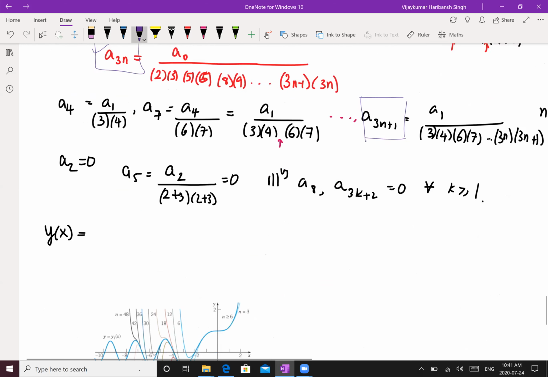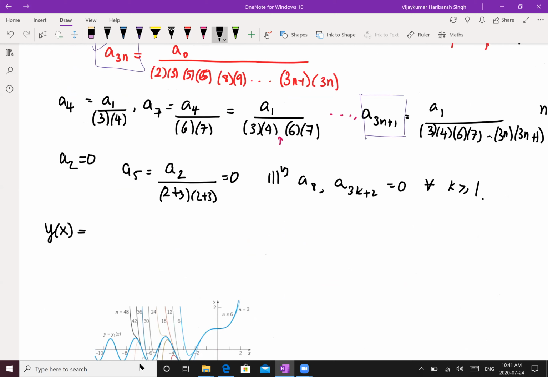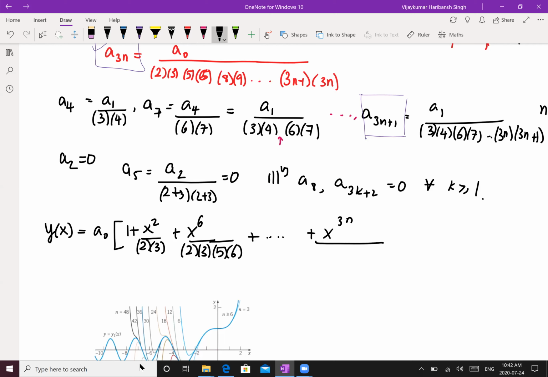So y of x is going to be a0 times 1 plus x squared by 2 times 3 plus x to the 6 divided by 2 times 3 times 5 times 6, dot dot dot, x to the power 3n. I'm going to represent a general element here: 2, 3, dot dot dot, 3n minus 1, 3n.